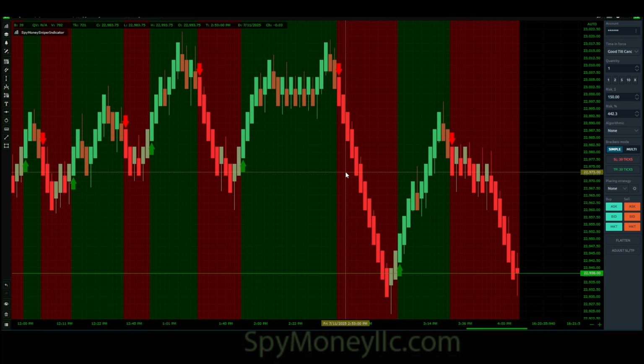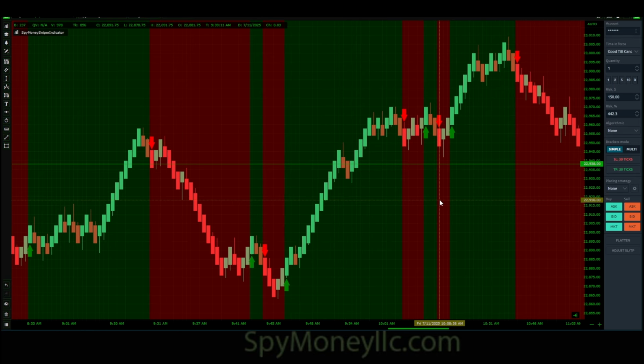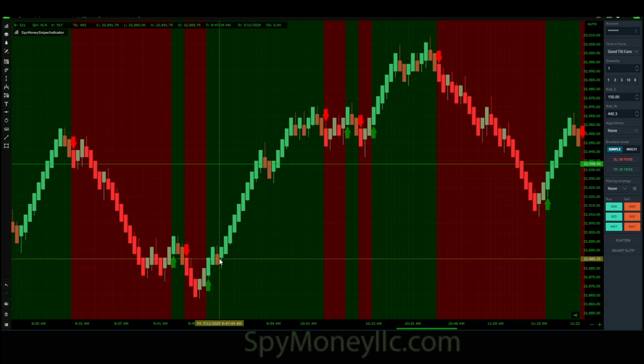So on this one, what we're looking for is, let's go back to the opening. So we have this one right here, and we entered. The way this strategy works is we can manually trade it with the bot to where we can pick up some extra trades.